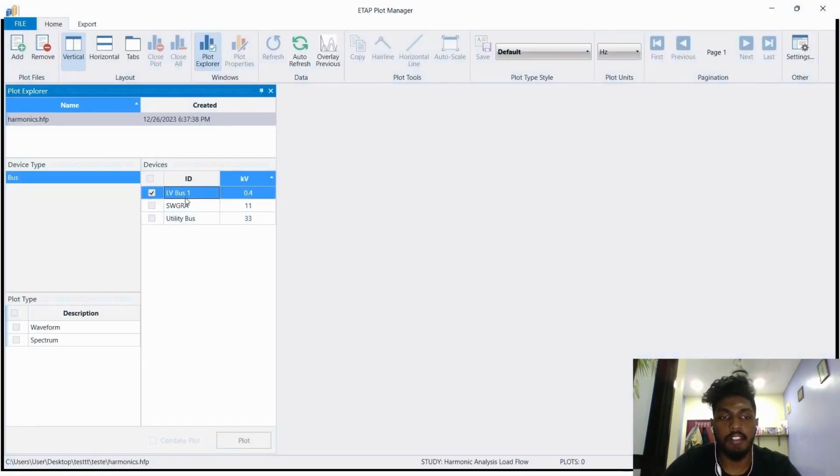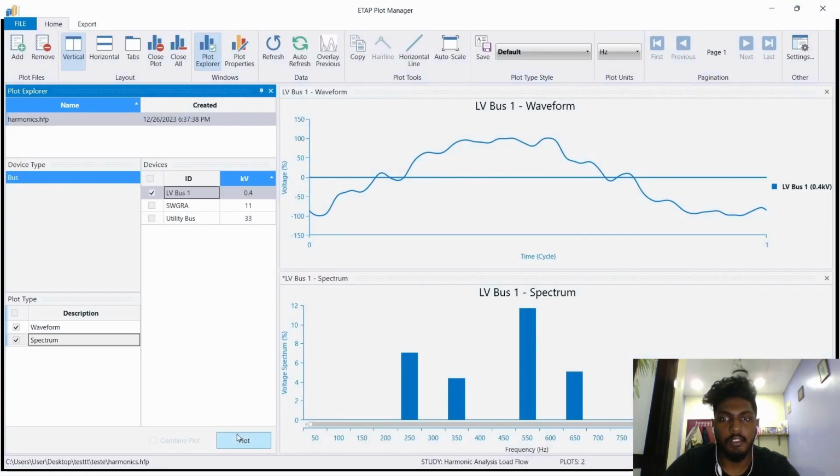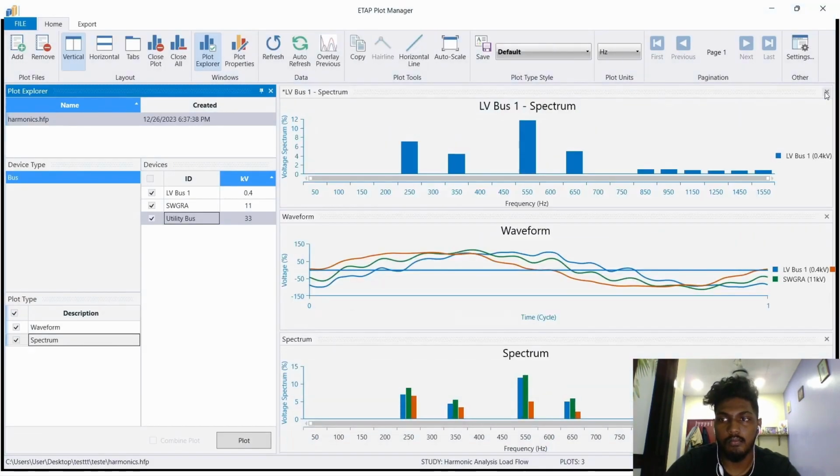First I just select LV bus 1 and also waveforms and spectrum. So this is the total harmonic distortion for the LV bus 1 waveform and spectrum, and I go to all the spectrum.